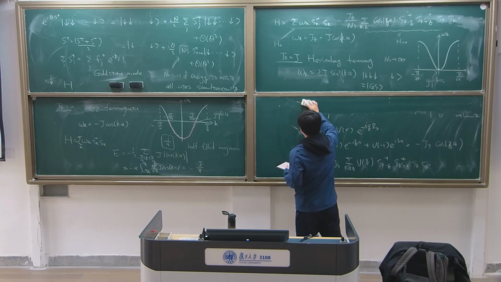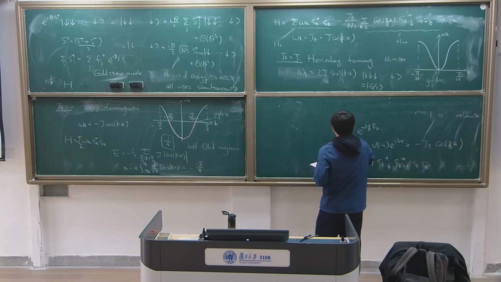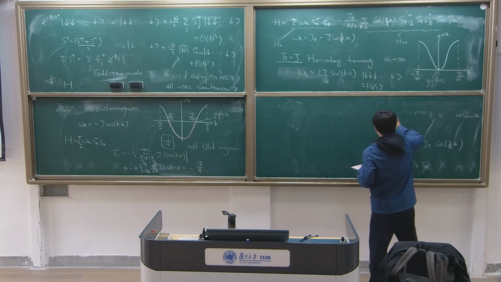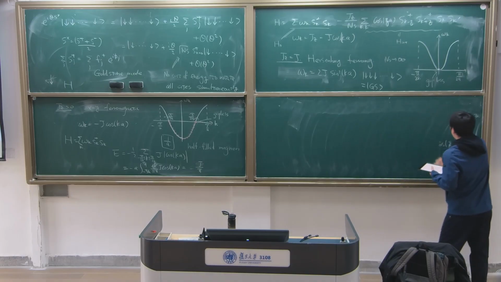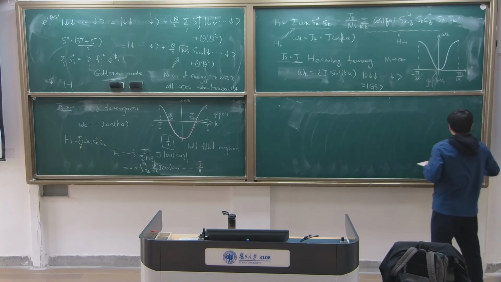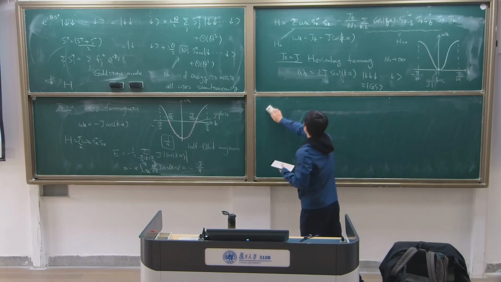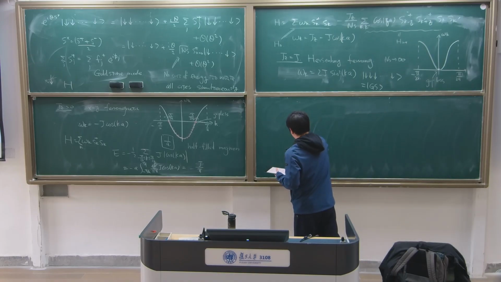In our dimension, you can see this if you use the Jordan-Wigner transformation: ferromagnetic is really gapless.